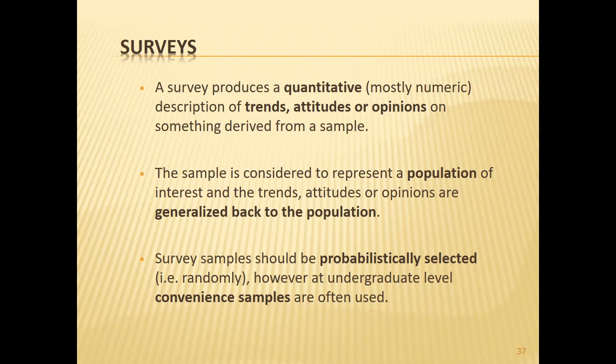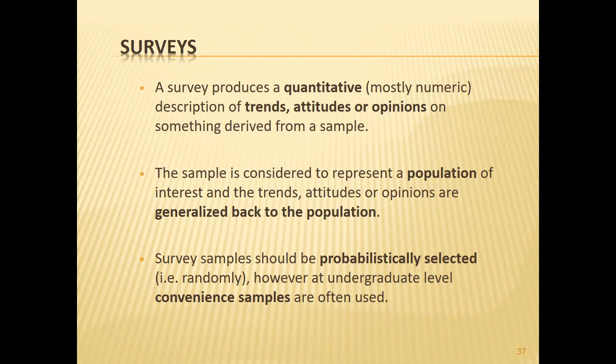But generally speaking, in surveys, populations are big, and so we can't access the whole population, and we work with a sample. So how do we get that sample? Ideally it should be probabilistically selected, meaning randomly selected. We should be able to identify the entire population, and from that population randomly pick a subset.